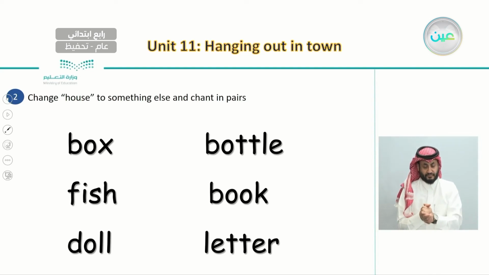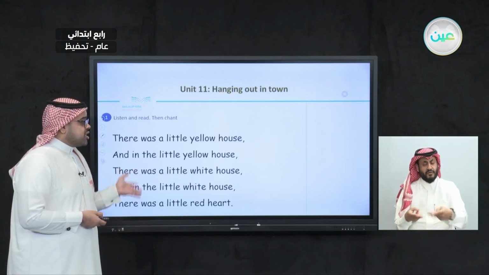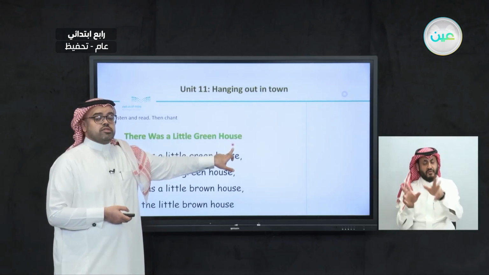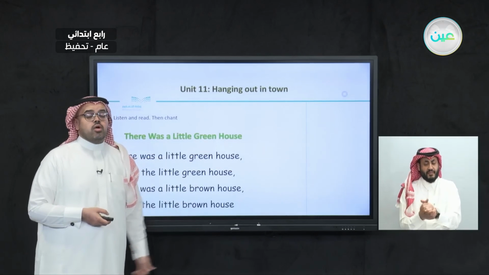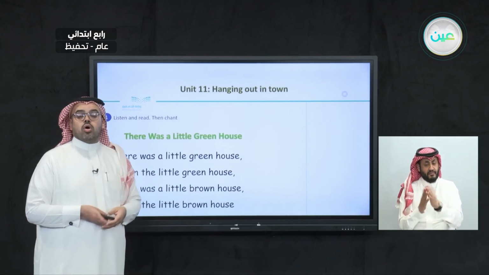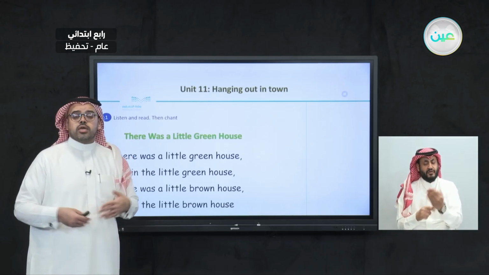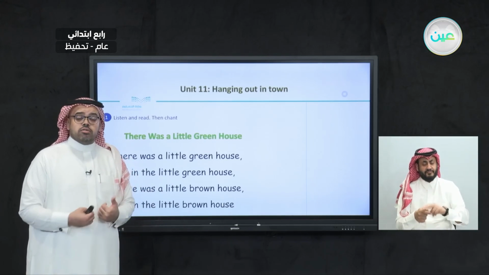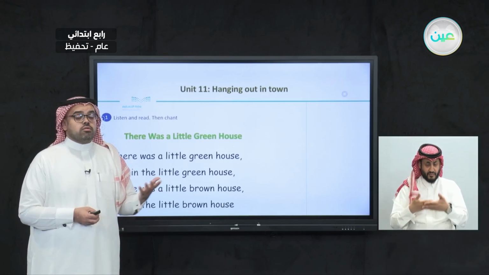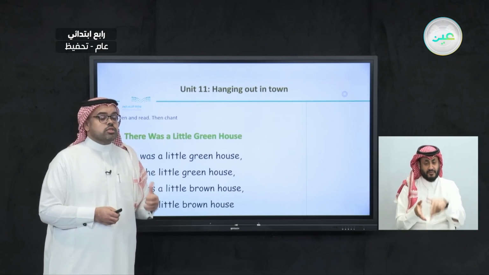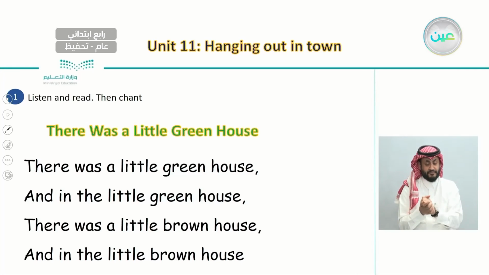So this is how we can chant this chant again, and instead of using house, we can, as we said, use a box, a book, or a bottle, or fish, or letter, just to make it more interesting, and also to help us in writing a new chant. In this way, first, we're going to imagine and think of a different chant or different picture.